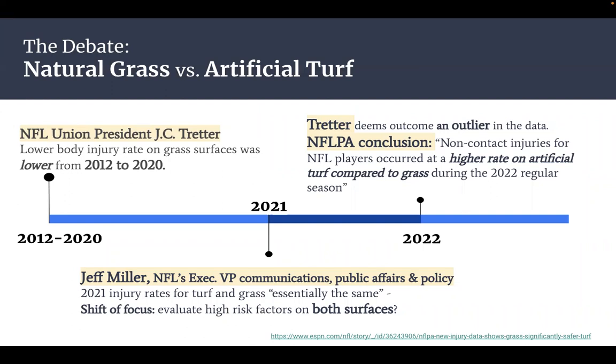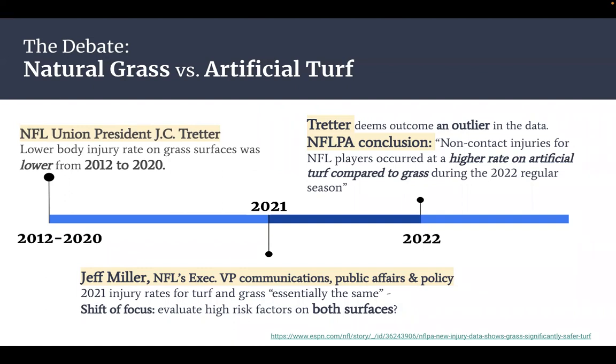So there wasn't a difference between injuries on synthetic surfaces and natural grass surfaces. According to Miller, this trend meant that the discussion between the synthetic versus natural was not an argument and we should try to decrease injuries on both surfaces. We shouldn't be focusing as much on synthetic surfaces, but we should focus on both.